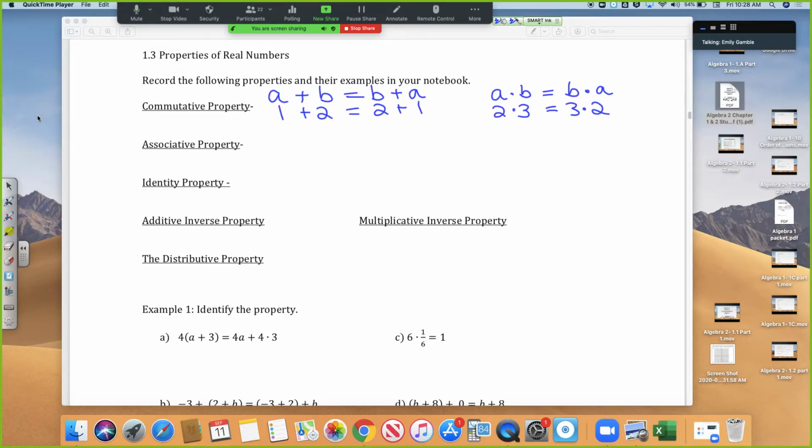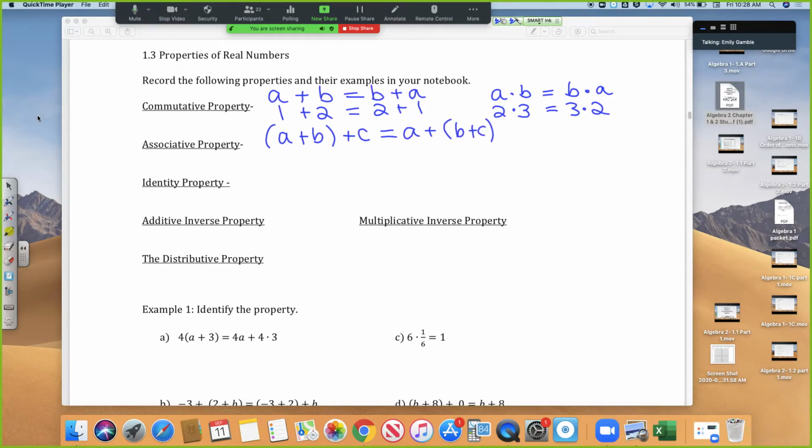An example with variables would be if we group A and B together in grouping symbols like parentheses, and then we have a number on the outside, plus C. That's the same exact thing as if we group the numbers differently, and instead of grouping A and B together, we group B and C together. What happens here is the order does not change.